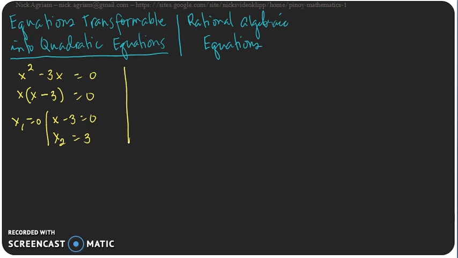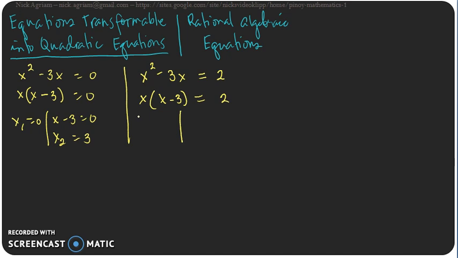But then I will give them exactly the same equation, but it is not equal to 0. It is equal to 2. Then they do the same thing. They will do like this: x is the common factor, and then x minus 3 in the parentheses is equal to 2.